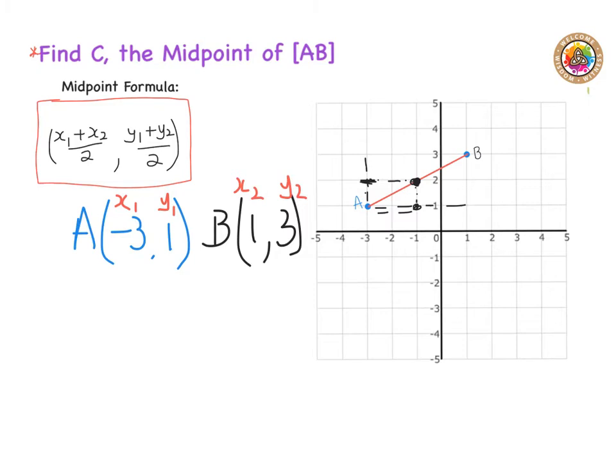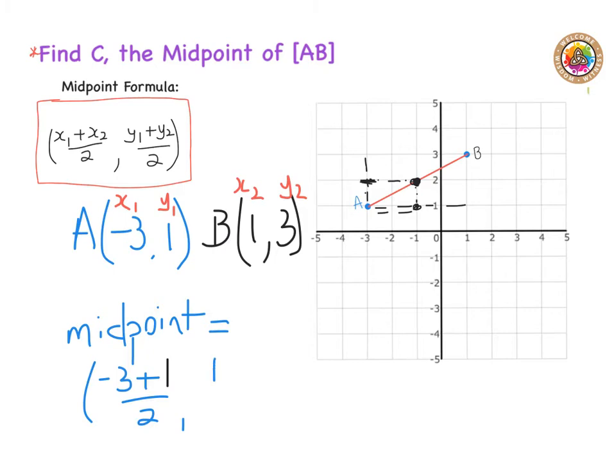This is x1, y1, x2, and y2. And then very simply, I'm going to fill into my formula. So I'm going to say the midpoint is equal to, well, x1 is -3, plus x2 is 1, and they're both divided by 2. And then likewise, I'm going to have y1, which is 1, plus y2, in this case, is 3. And again, I'm going to divide that by 2.